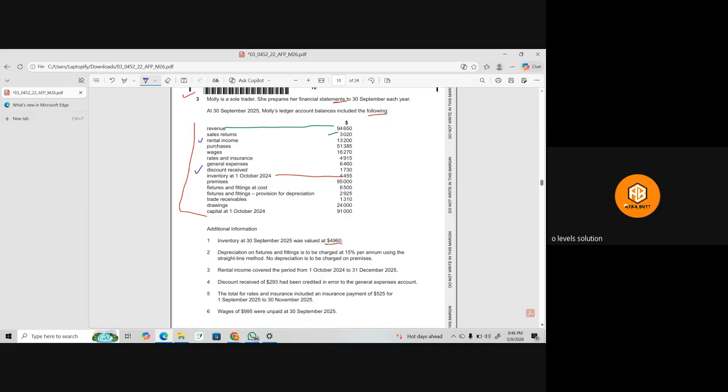We have different adjustments. They are saying that discount received 293 had been credited in error to the journal expense account. So what we need to do? We need to add this 293 back into the discount received, which is 1730 plus, let me write it here.